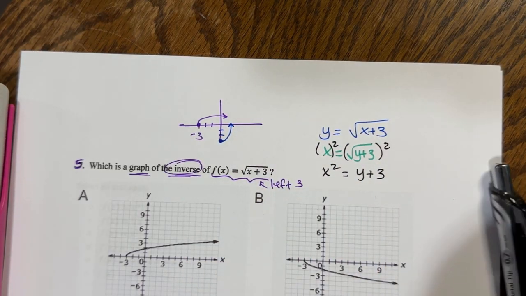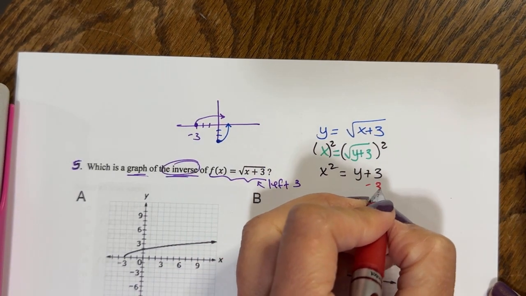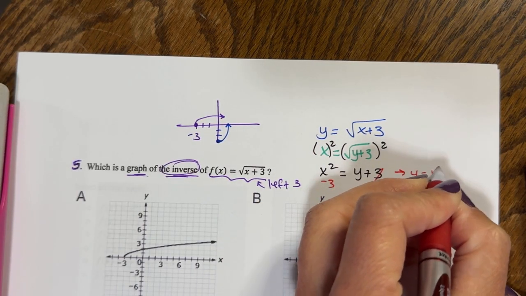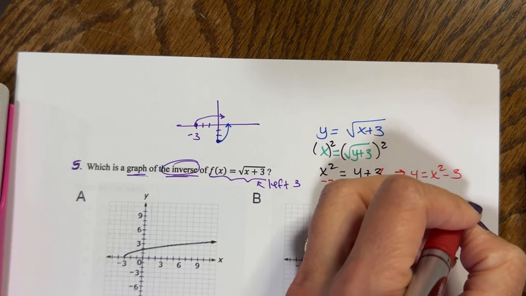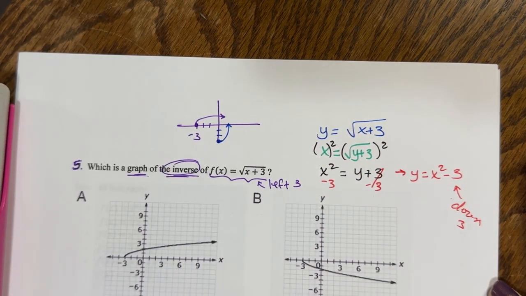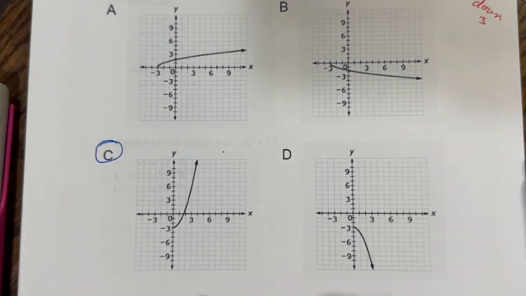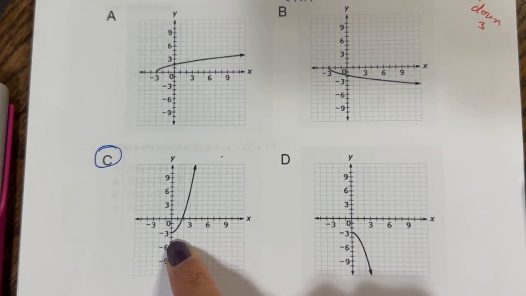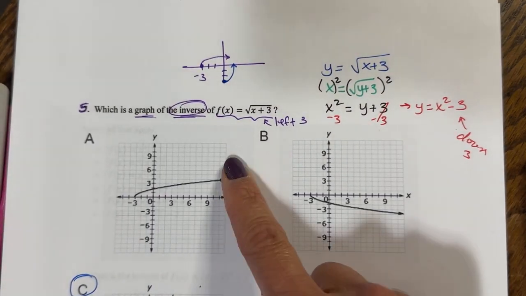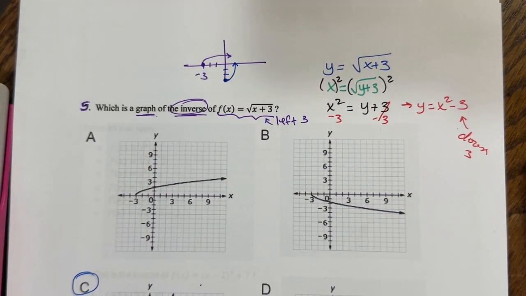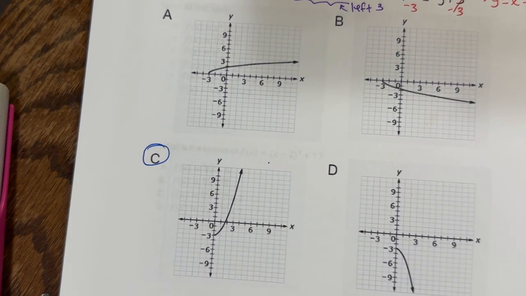And then we have to subtract 3 from both sides. So y is going to equal x squared minus 3. So the parent parabola function shifted down 3 units, which is that right there. That's the half of a parabola shifted down 3 units. Only half of it's going to show because only half of this one shows. It doesn't have the plus or minus, so we're not going to see the top side and the bottom side of the sideways parabola. All right, and that is, let us see.